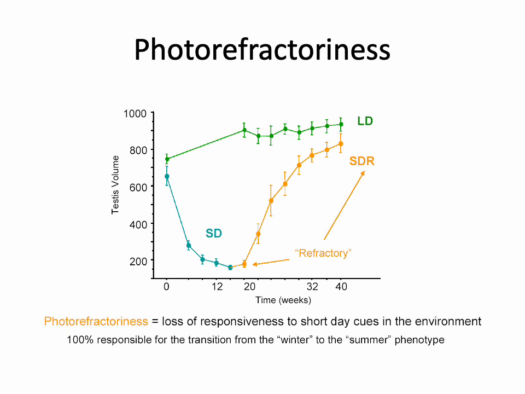But this sort of turning off the switch of reproduction is temporary. With a long enough exposure to short days, animals will enter what's known as photorefractoriness, where they are no longer sensitive to short days.